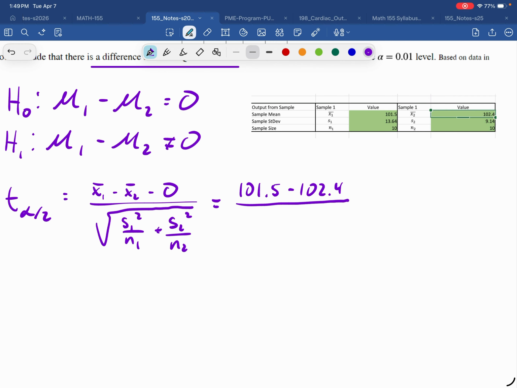And then this is all divided by 13.64 squared all over 10 plus 9.14 squared all over 10. And what's that going to give us? Well, I can tell you this is at least negative 0.9 all over, and it looks like we've got some calculations to make.